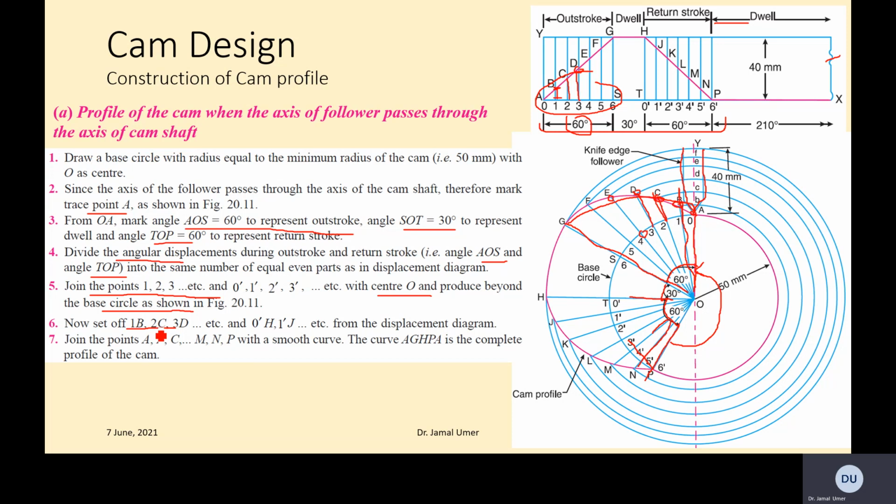We do the same thing for the forward stroke and for the return from the displacement diagram. Join the points A, B, C and so on with a smooth curve, and that will give you the complete cam profile.